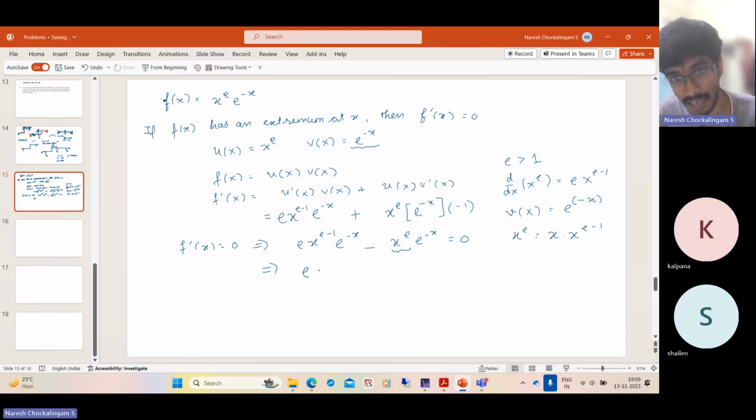Now you can take this common from both the terms. So you get x power e minus 1 e power minus x into (e minus x) should be equal to 0.